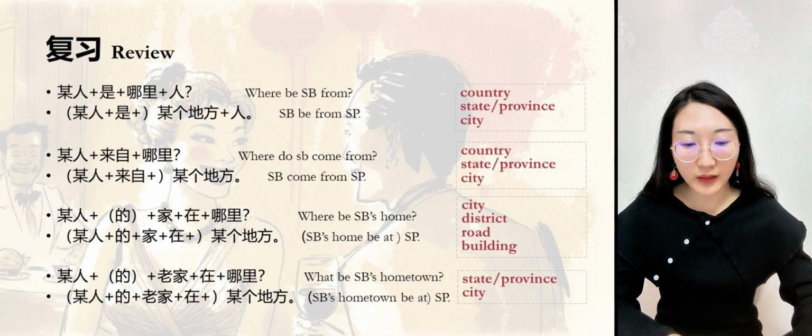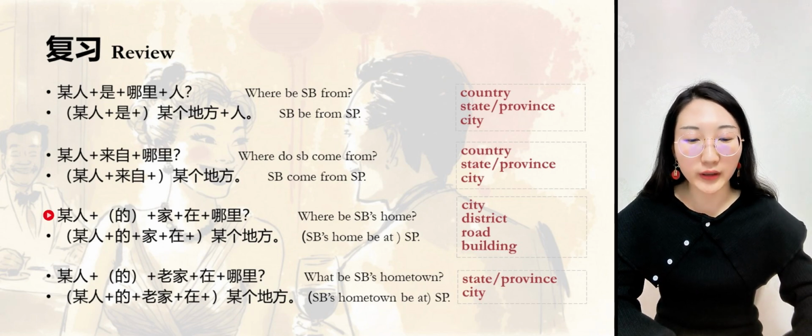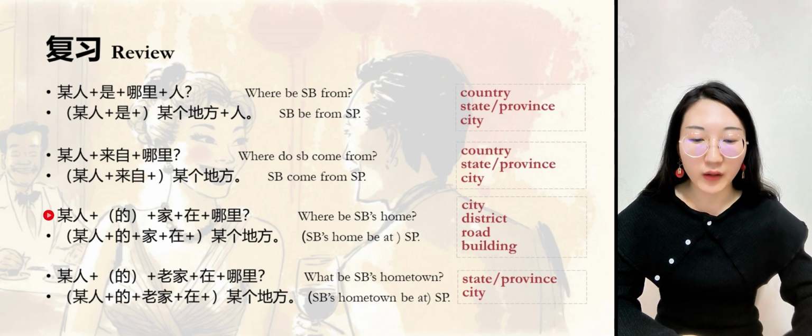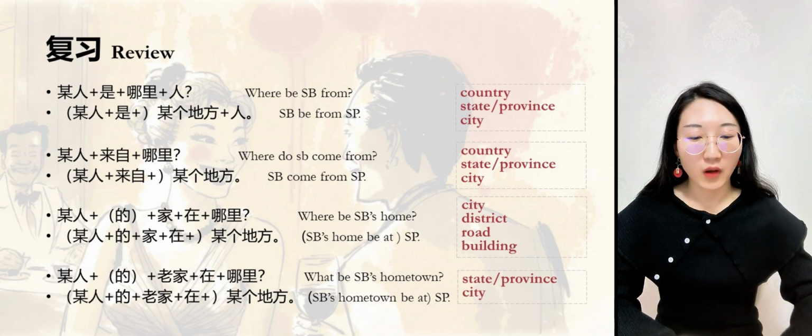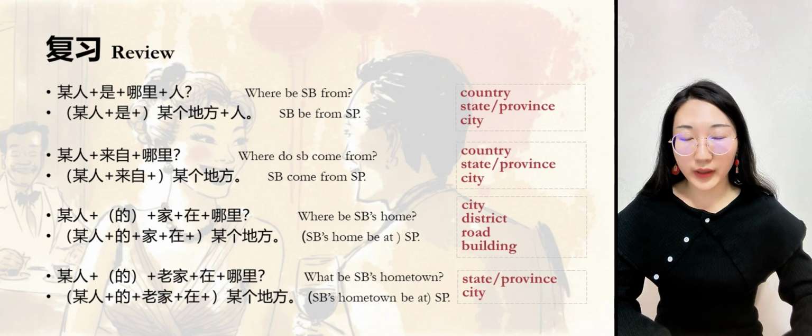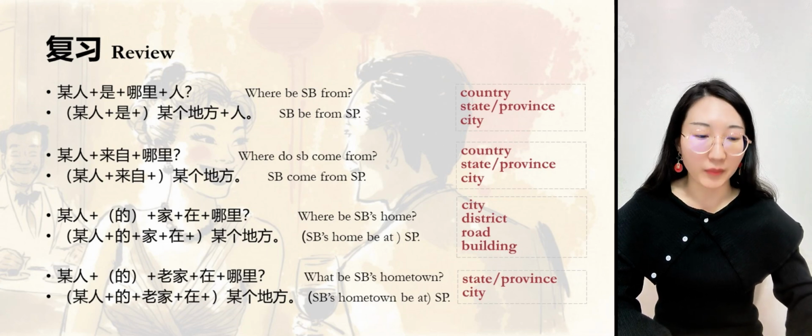As for the next sentence we learned today, 某人的家在哪里？某人的家在某个地方。Well, because in this sentence we add the specific word 家 home, this sentence usually is used to ask at least which city you are from.